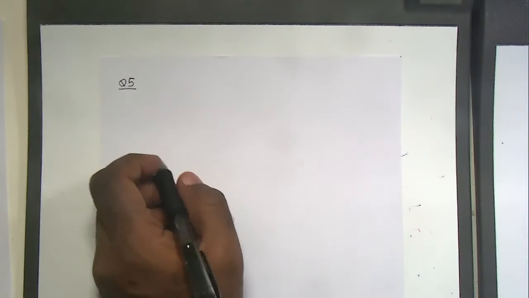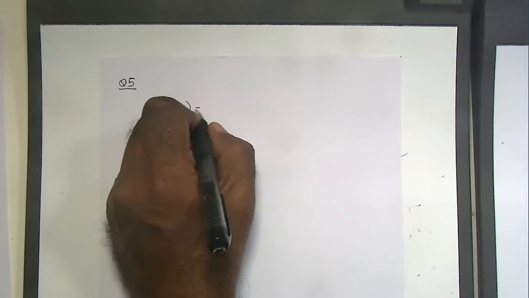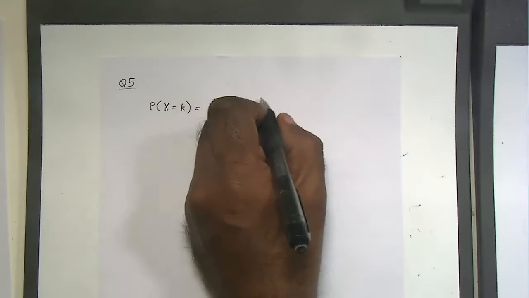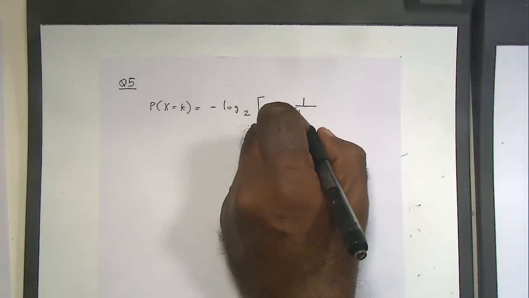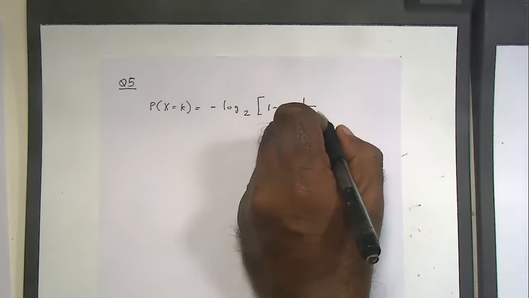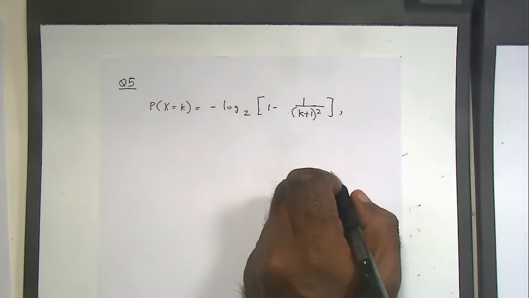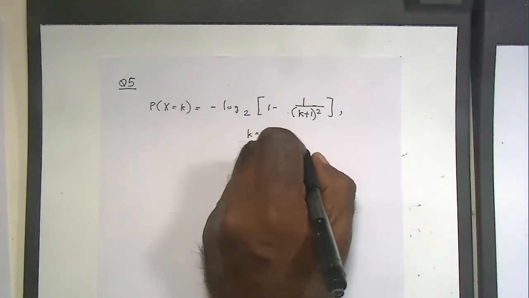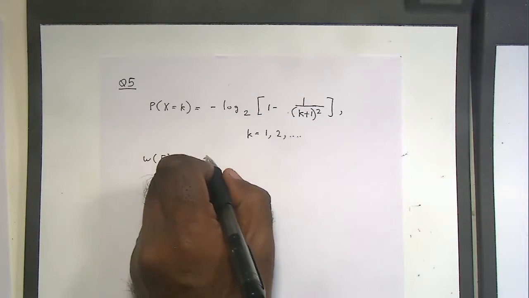So here you are told the probability that X equals k is minus log base 2 of 1 minus 1... So it's obvious that w of F must be infinity, right?